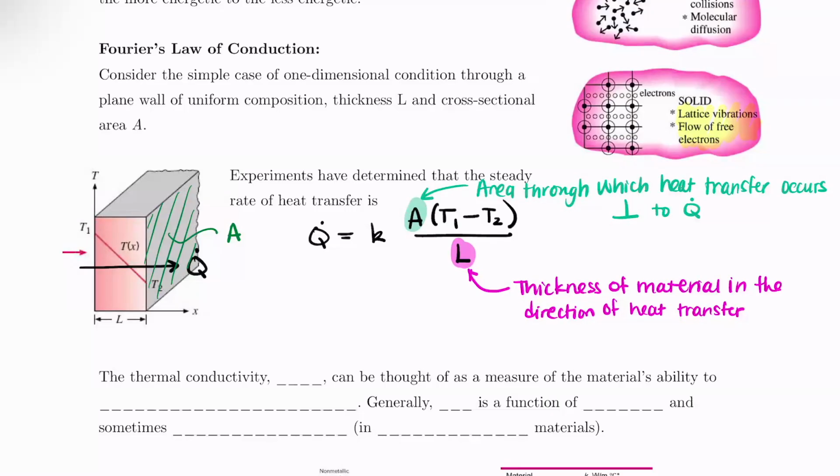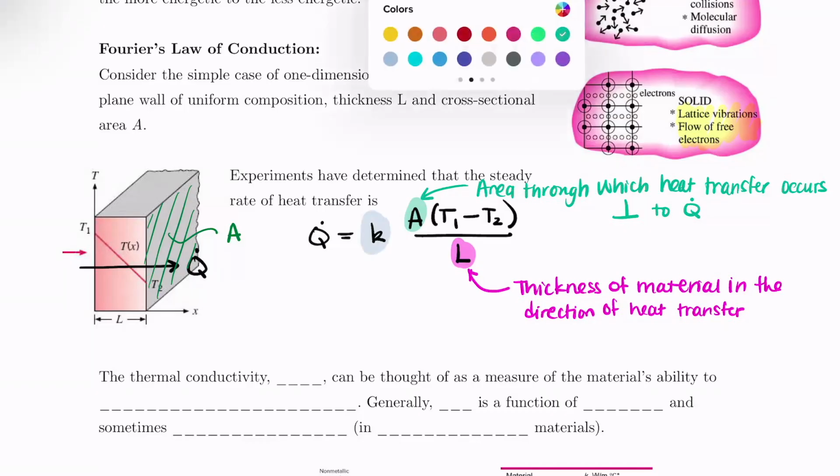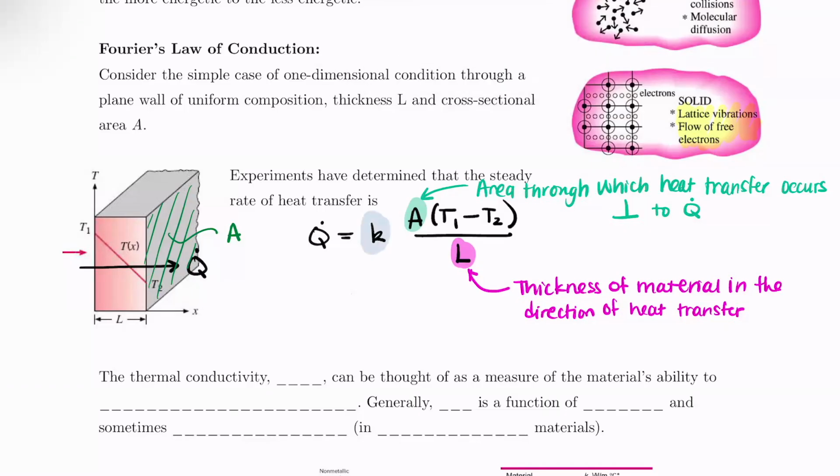Obviously, T1 minus T2 is the temperature difference. And then the most interesting parameter here is K. Like I mentioned, this is not the same K that we were just talking about in thermodynamics, but this is the thermal conductivity of the material.